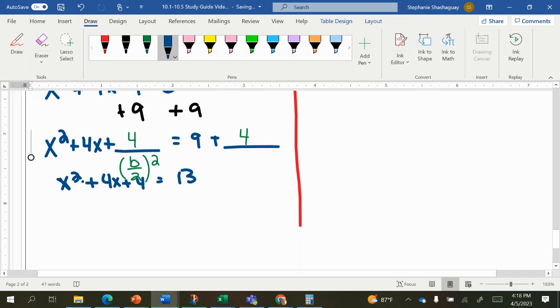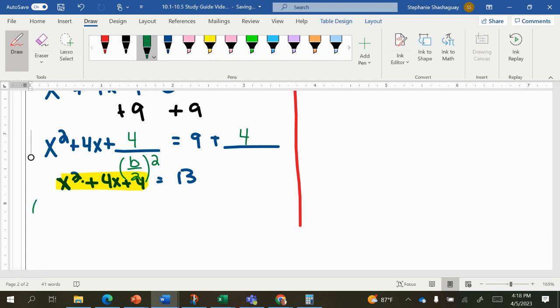And now what I've created here is a perfect square trinomial. So I can write that as x plus 2 squared equal to 13. Because to factor this, it's always going to be x plus b divided by 2 squared.